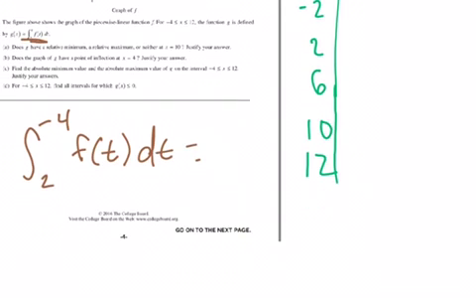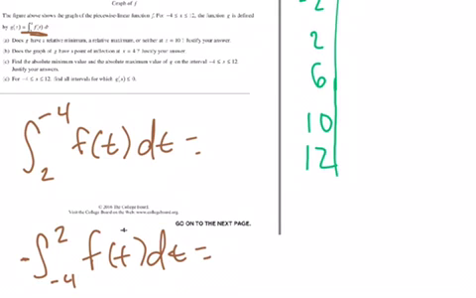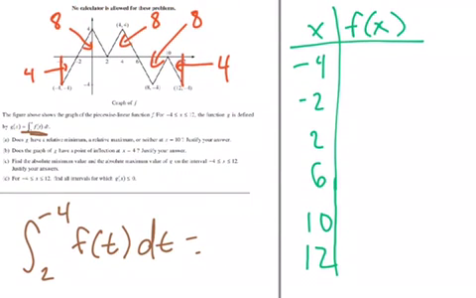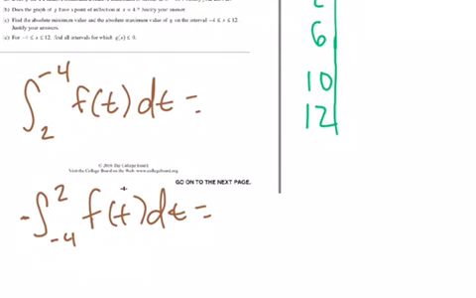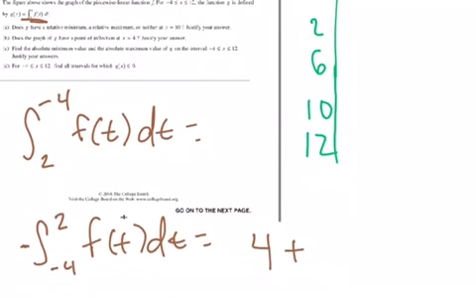How do we go about doing that? Well, normally we have the lowest value on the bottom here, so we're going to put a negative, which allows me to switch the interval, okay? And then all I have to do now is figure out what -4 to 2 is. -4 is 4, and then 2 is going to be 8.